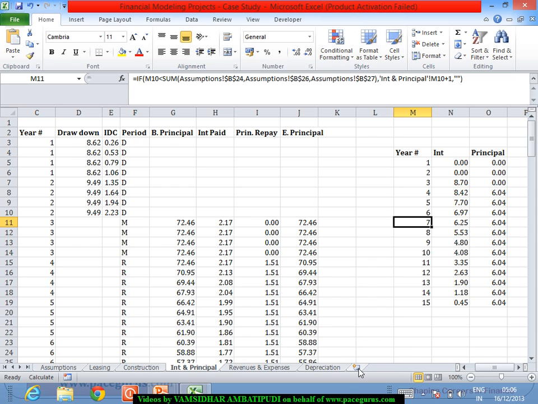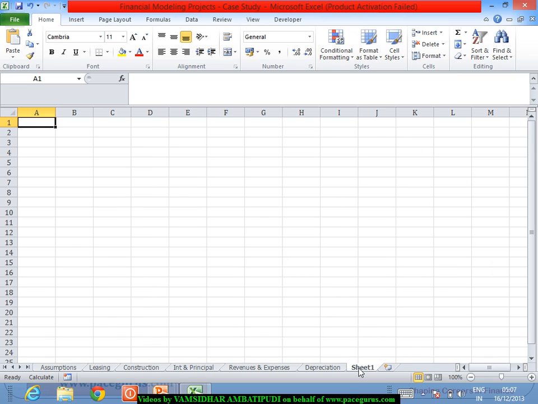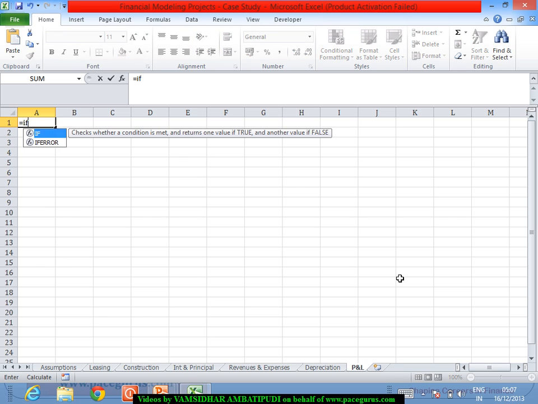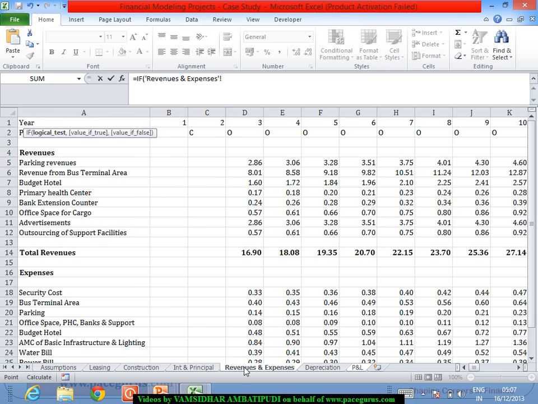So I'll create a separate sheet saying P and L statement, profit and loss statement. For the first two lines, anywhere we are preparing a year-wise schedule, I would like to maintain the consistency which is highlighted in every sheet.